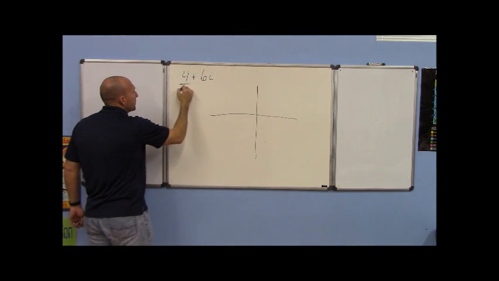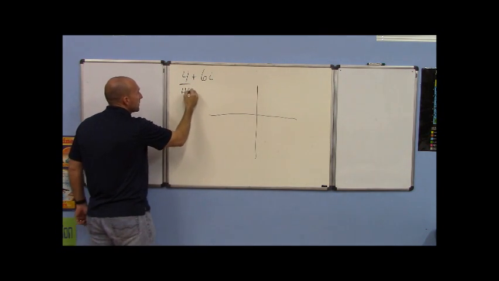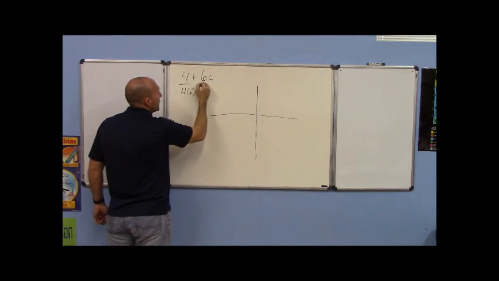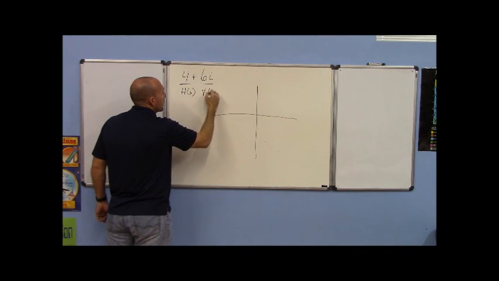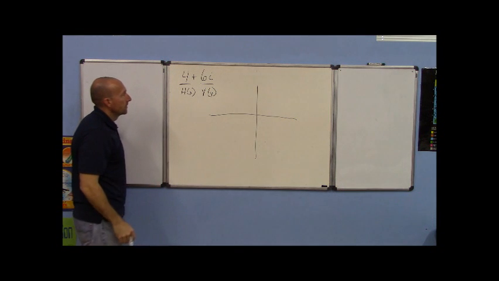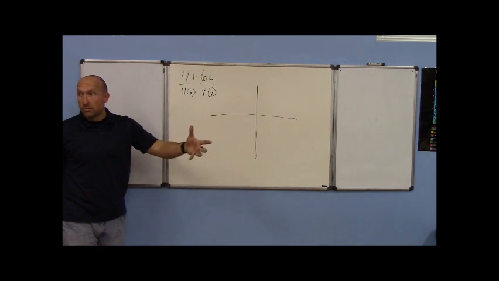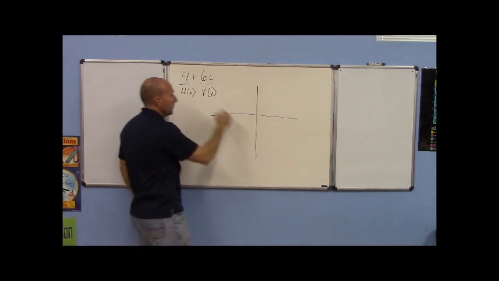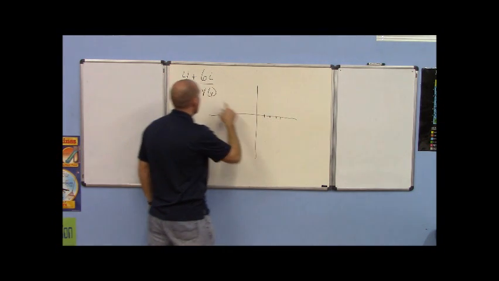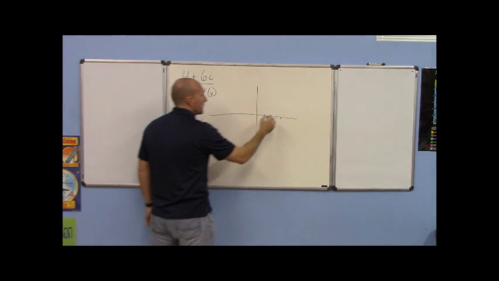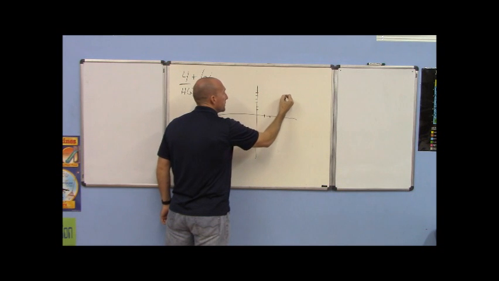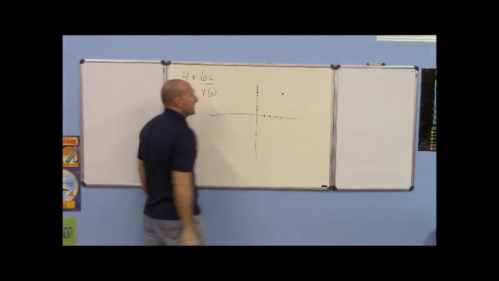This is the horizontal, or the x. This is the vertical, or the y value. So if we're going to plot this point, this will be to the right 1, 2, 3, 4, and positive 6. 1, 2, 3, 4, 5, 6. And that's it.